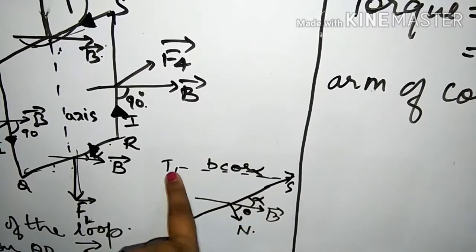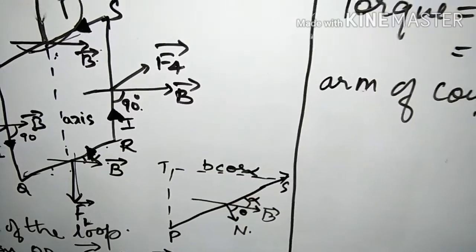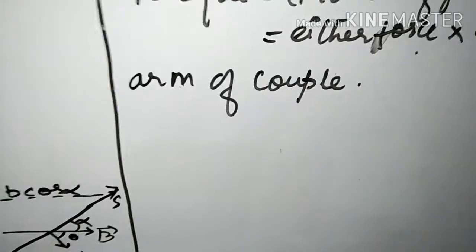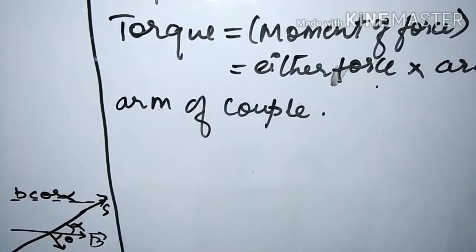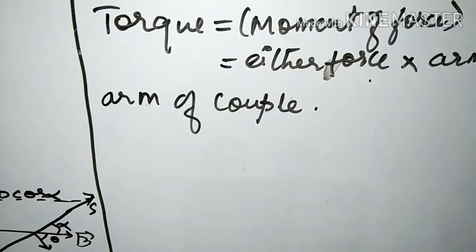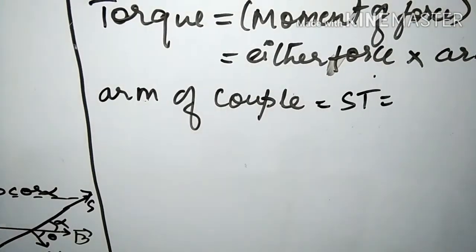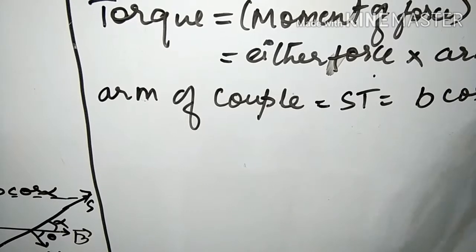So ST is the arm of the couple. We will get ST equal to b cos alpha. So the arm of the couple is b cos alpha.